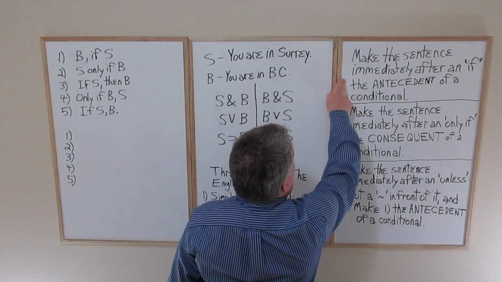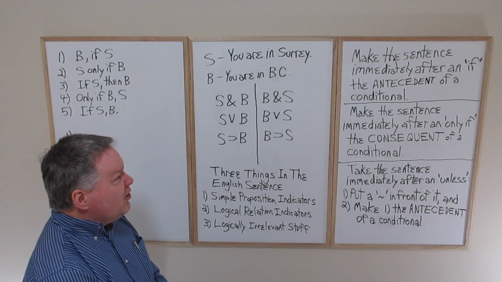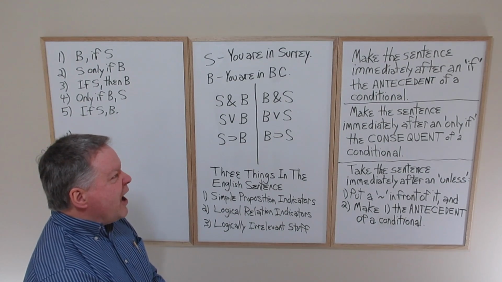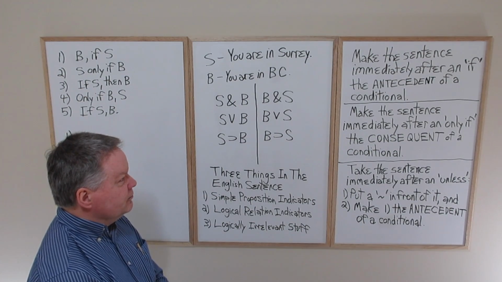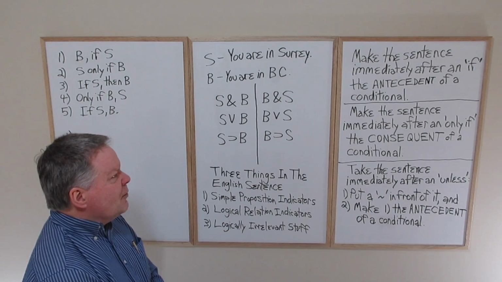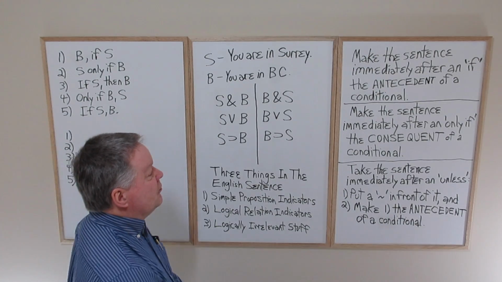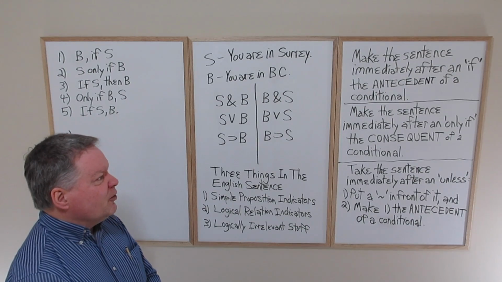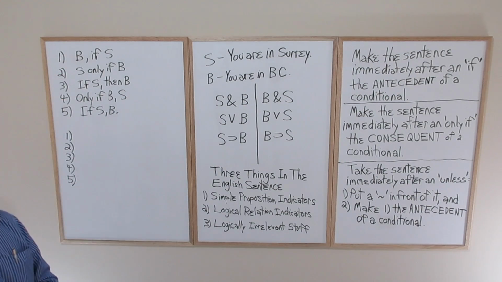The principle for sentences containing the word if is as follows. Make the sentence immediately after an if the antecedent, or the part that comes before the conditional. Make the sentence immediately after an only if not the antecedent, but the consequent, or the part that comes after the horseshoe. It doesn't matter what order various things occur in.